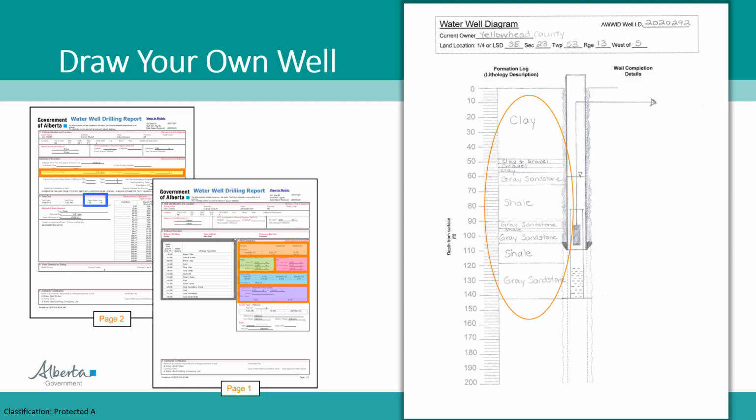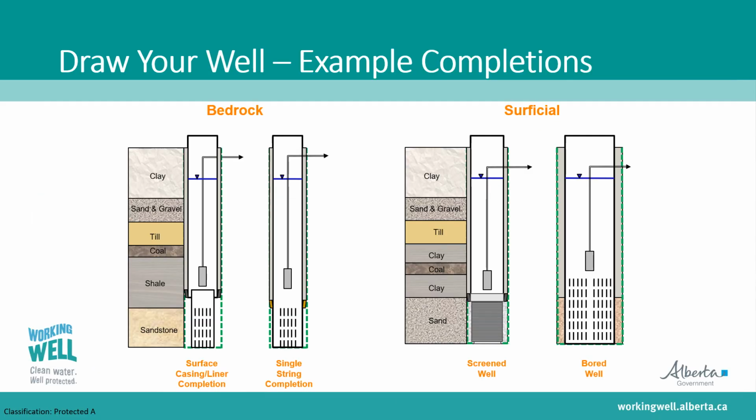So let's see if we're drawing it in like this. Important here, gray sandstone beside our perforations, and then the shale for where that casing ends and our annular seal ends. So, some examples of completed diagrams of wells.